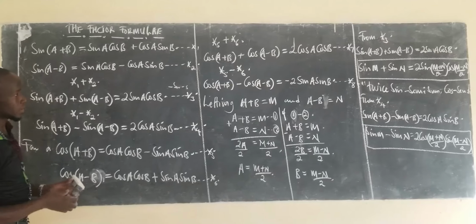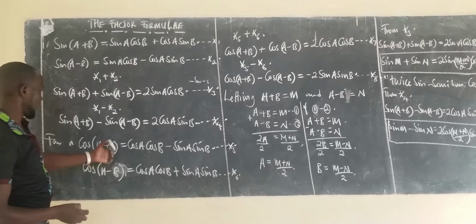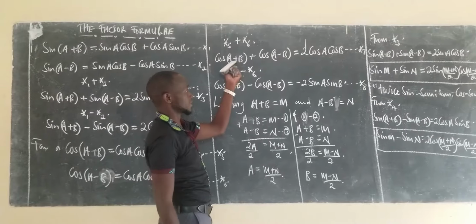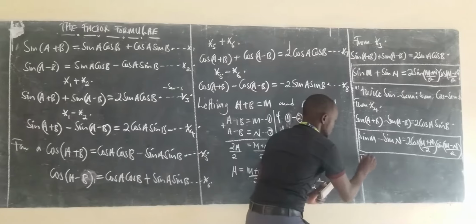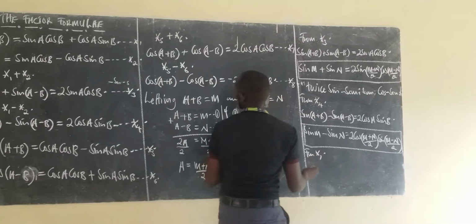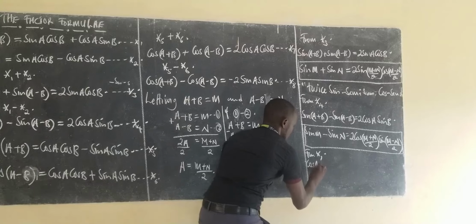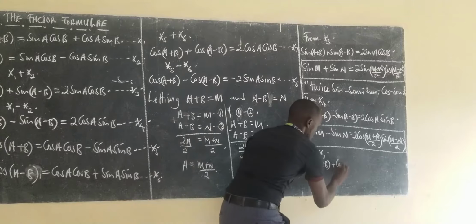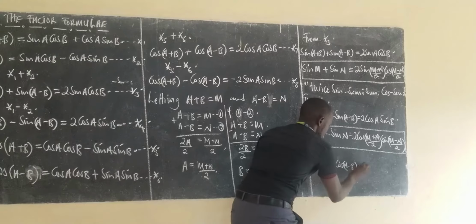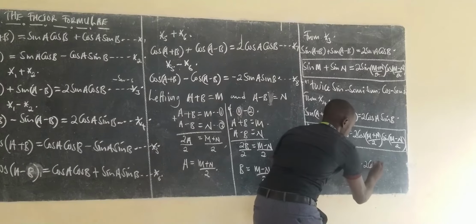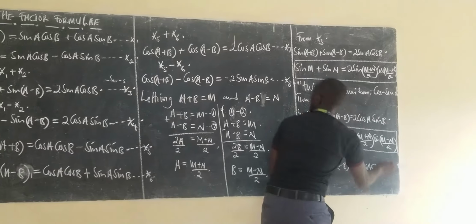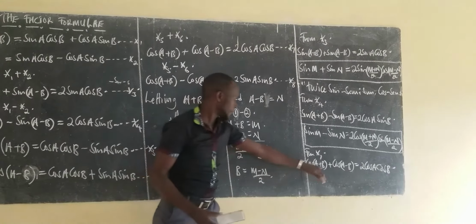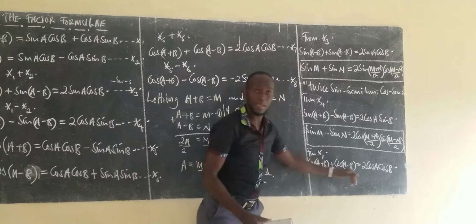Now look at equations 5 and 6. The result of 5 and 6 as regards the sum is this, equation 7. So from equation 7, we have cos of A plus B plus cos of A minus B. This is equivalent to twice cos of A, cos of B. If that is the case, we still do the same substitutions. You have A plus B in terms of M and A minus B in terms of N as well.